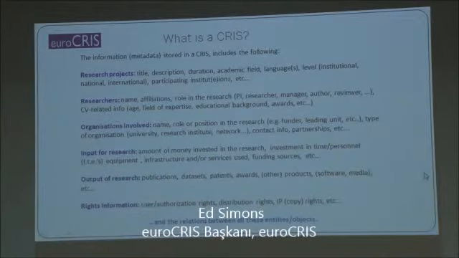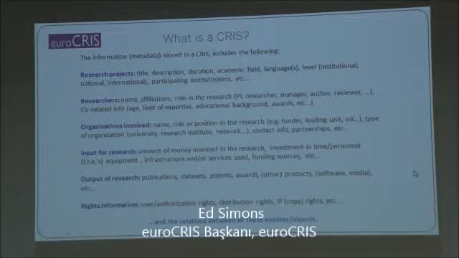So in CRISes we have very detailed bibliographical information on publications, but also metadata on data sets, on patents, on awards, or any other product that came out as a result of the research.